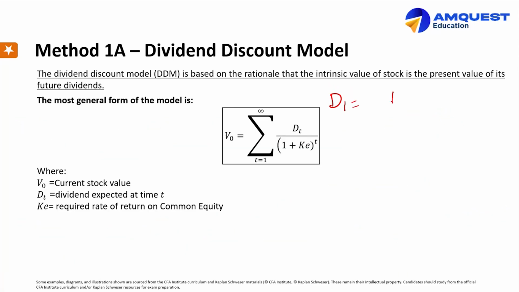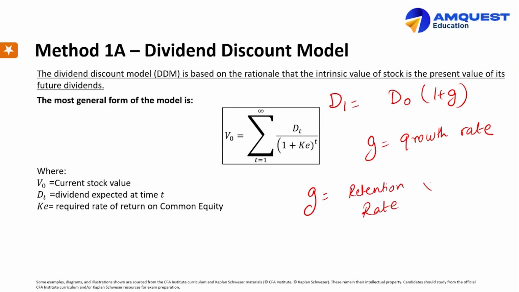D1 is equal to current dividend multiplied by 1 plus G. G is the growth rate, that means the rate at which your dividends will be growing. And G can be calculated using the formula retention rate multiplied by return on equity.